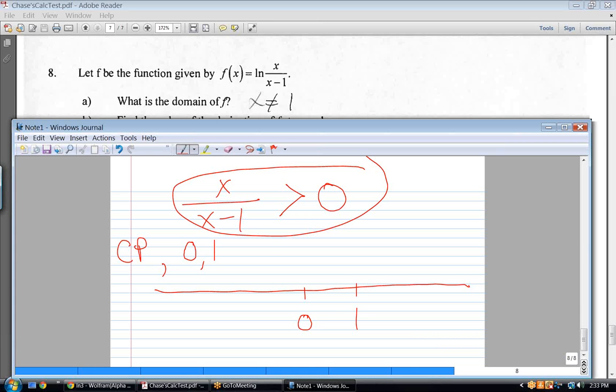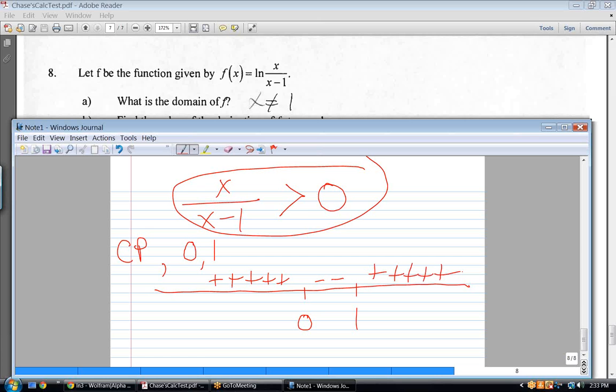Well, to the left of 0, negative divided by negative is a positive. It's going to be plus everywhere to the left of 0. In between, if I use 1/2, it's going to be negative. Any number between 0 and 1 gives me a negative quotient. And any number to the right of 1 gives me positive.